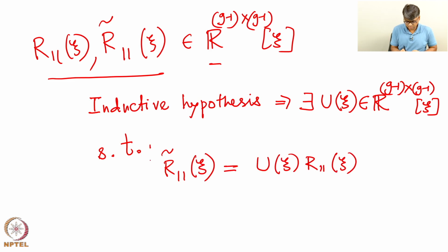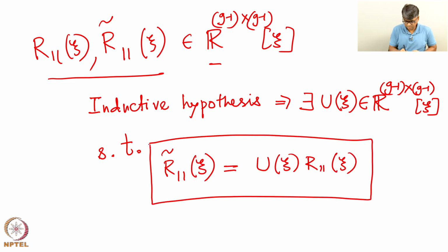Perfect. So, this is what we have as far as this R11 block is concerned, this G−1 by G−1 block.